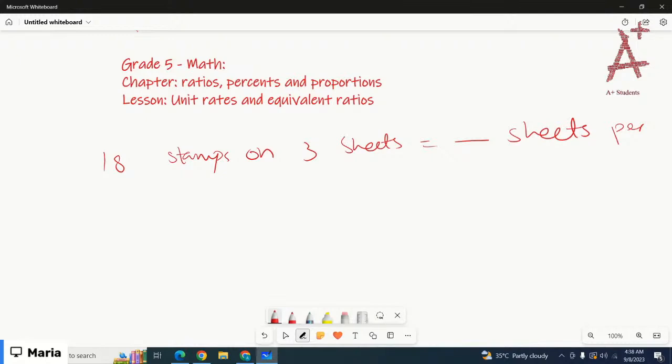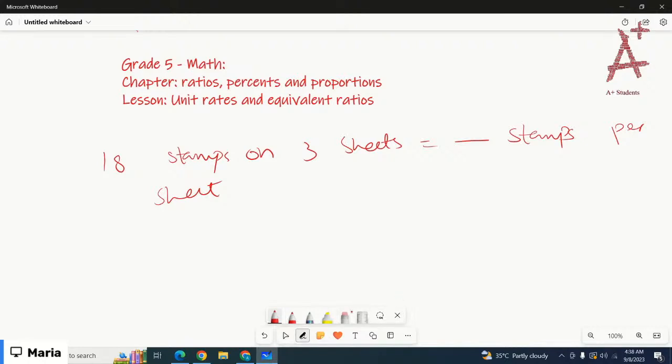How many? Which is the correct option? Yes, that would be 6. In one sheet, you have 6 stamps, right?